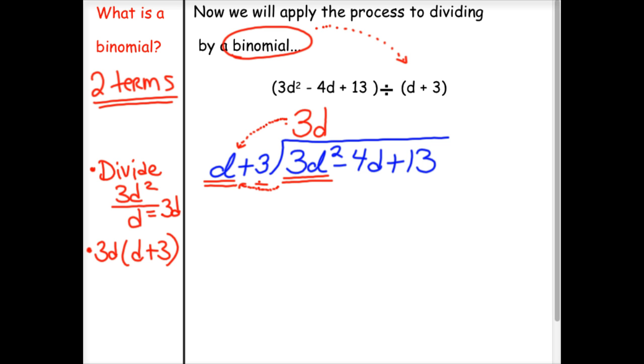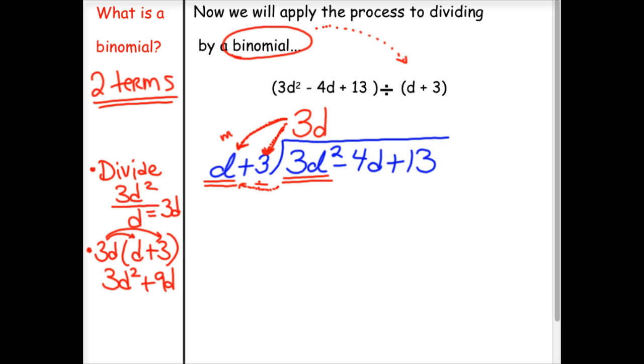And I like to go like this. I'm going to multiply 3d by what's outside of the division symbol. When I do that, I get 3d squared, that's this, plus 9d. That's this. You multiply it by both of them.